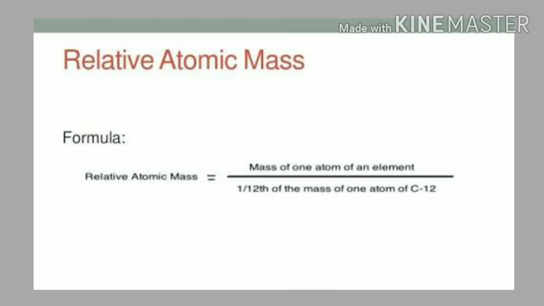Like this, if you take sodium, the atomic mass of sodium is 23 divided by 1/12th of 12, which equals 23. So here we get that one atom of aluminium is 27 times heavier as compared to 1/12th the mass of one carbon-12 atom.